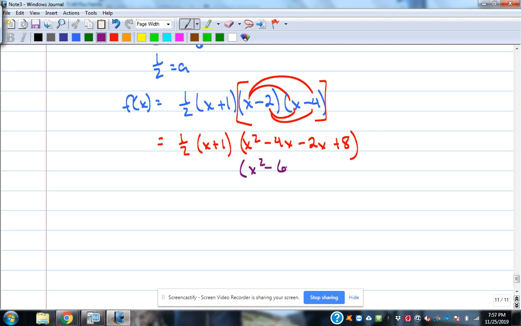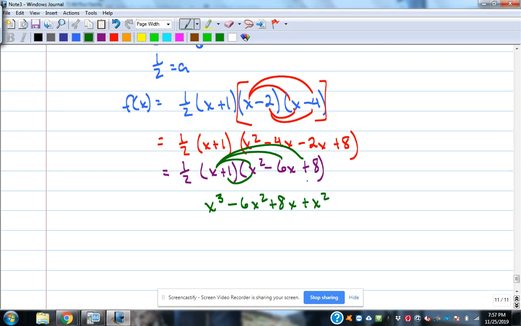X squared minus 6x plus 8. And I'm multiplying that by x plus 1. So x times x, x cubed. X times -6x, -6x squared. Plus 8x. Then multiply the 1. X squared minus 6x plus 8.